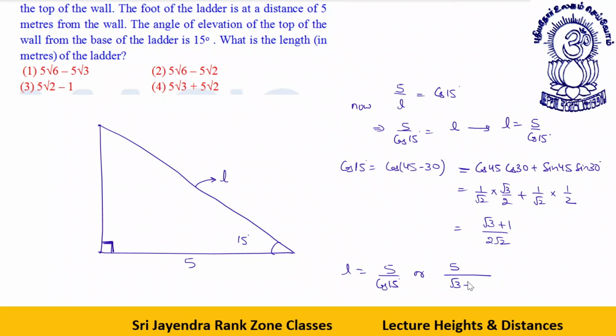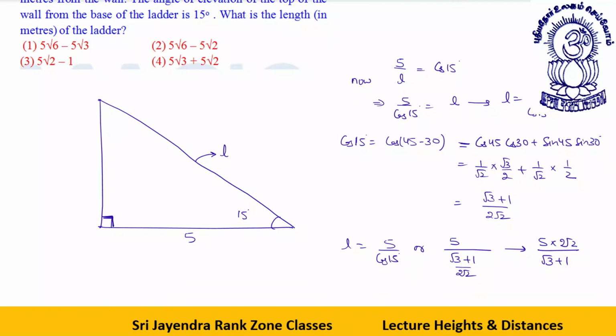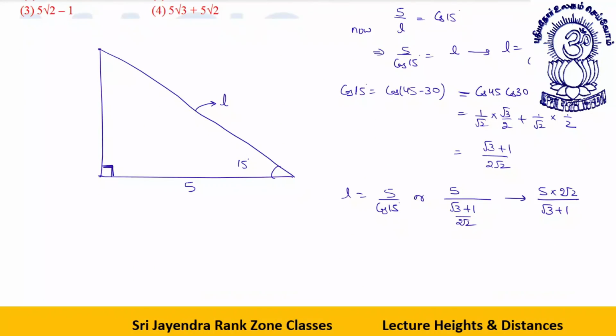Or 5 upon (root 3 plus 1) divided by 2 root 2. This can be written as 5 into 2 root 2 by (root 3 plus 1). Multiplying by (root 3 minus 1) on top and bottom, this becomes 5 into 2 root 2 into (root 3 minus 1).